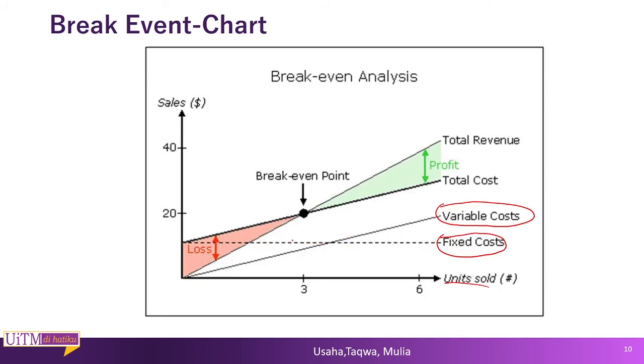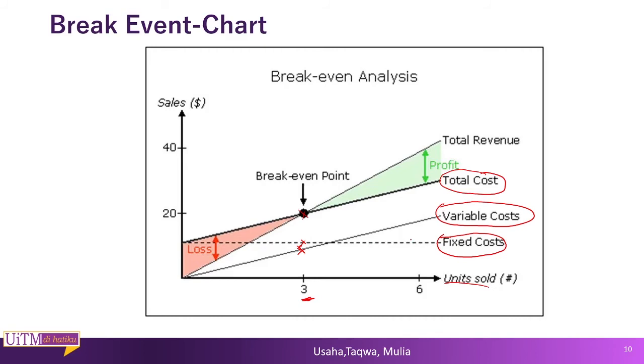After that, we need to draw the total cost as a function of the number of products on the chart. So the total cost is over here. The total cost is fixed cost plus variable cost, so we need to add up at every point. For example, for 3 units sold, we add the variable cost over here with the fixed cost, so we will get 1 point, and we mark that as our total cost.